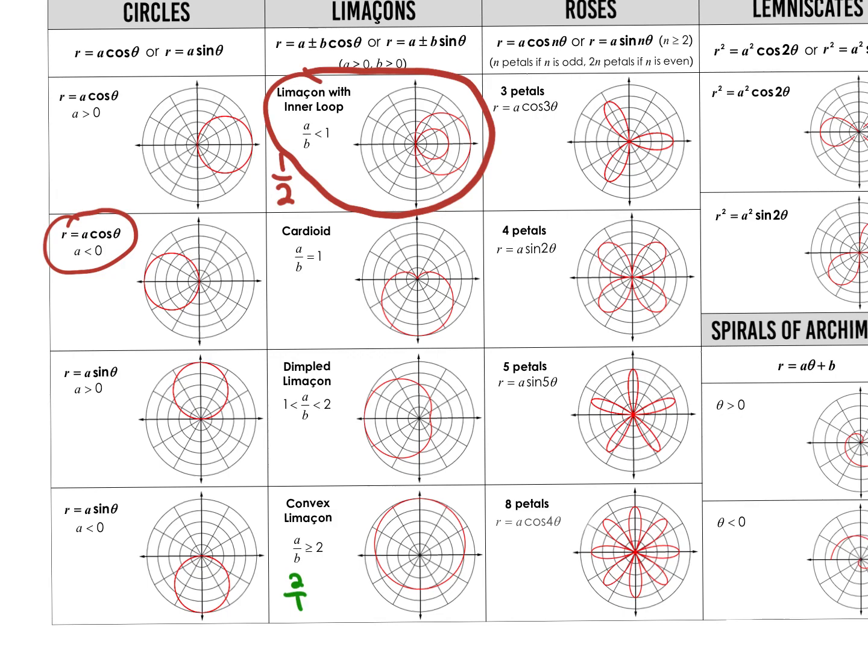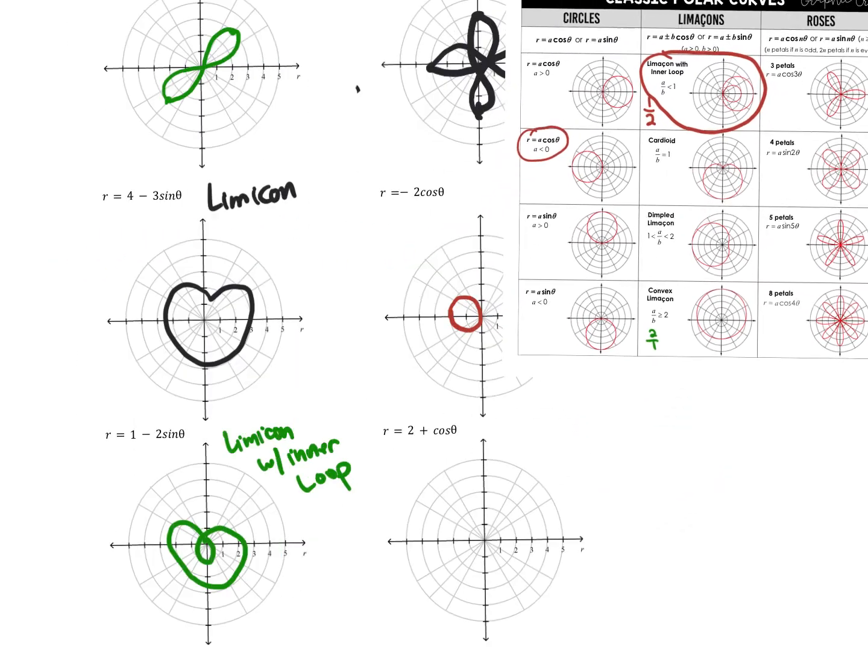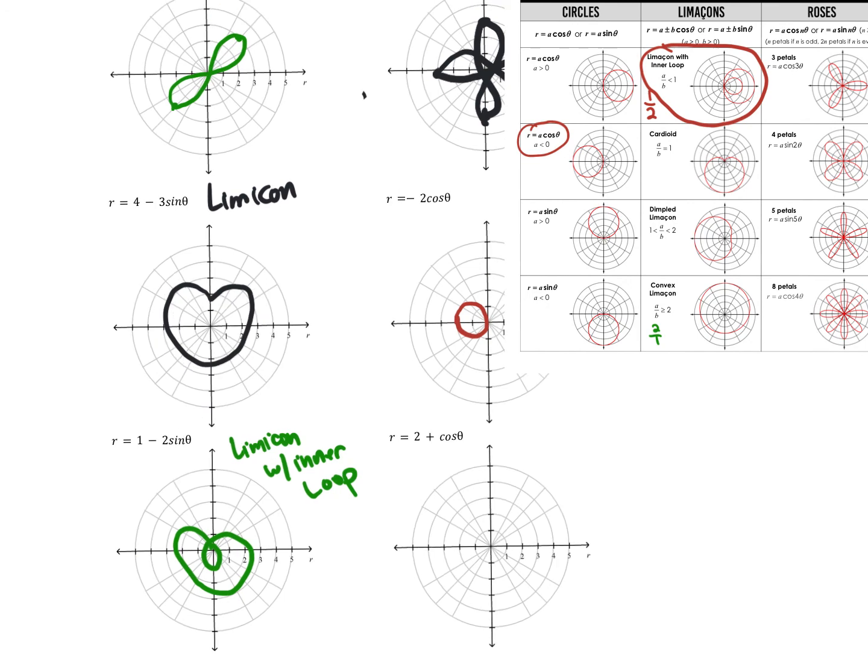So I have this convex limaçon is what we're looking at here. A convex limaçon is not very exciting. It kind of just looks like a circle with a flattened side. So when you look at graphing it, it's going to look something like this. Just kind of flattened out on one side.